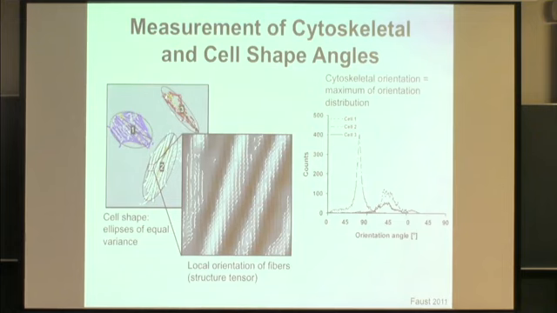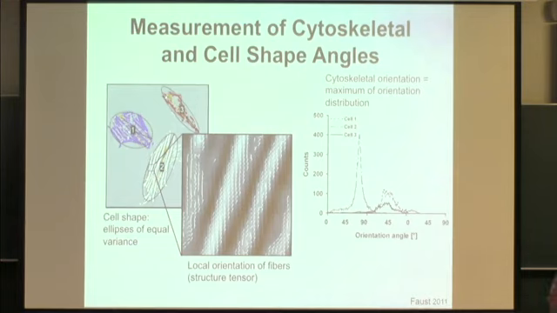Now, if you think a nice picture is enough, the story would be over at this point. As a physicist, I'm trained to come up with numbers and statistics. Therefore we devised an image processing technique to measure orientation of cells and orientation of stress fibers. The idea is very simple.